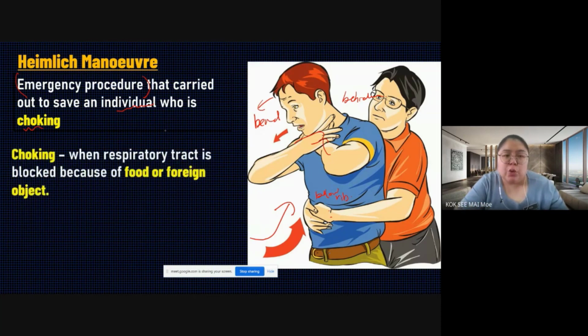Choking means when the respiratory tract, your breathing tract, is blocked because of food or a foreign object. Something is blocking the middle until you cannot breathe. This is an emergency situation. If nobody helps, they will die because the oxygen cannot go through the blood. So this is also one of the things you need to learn.